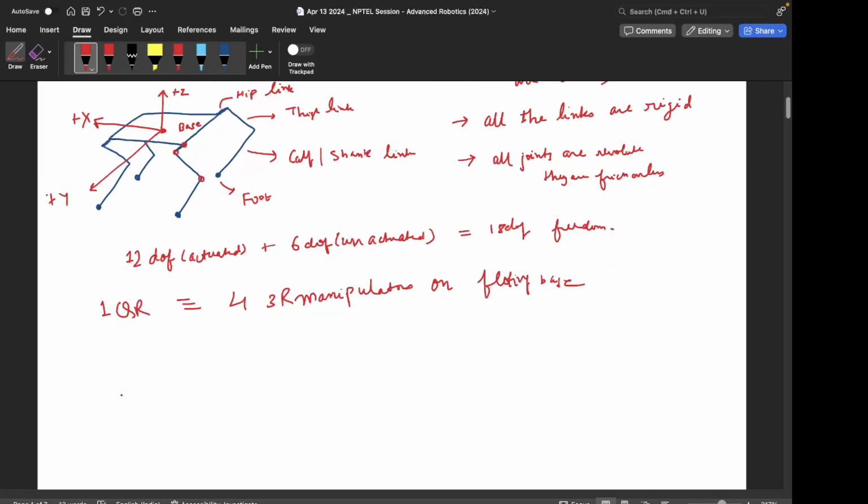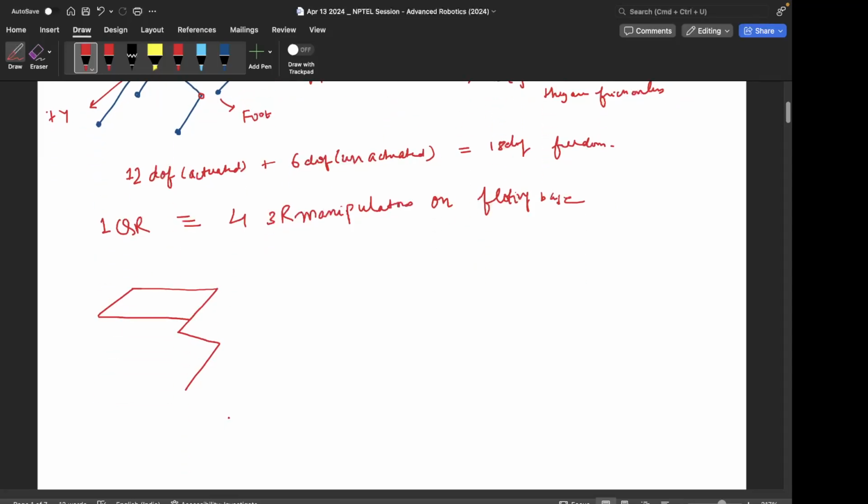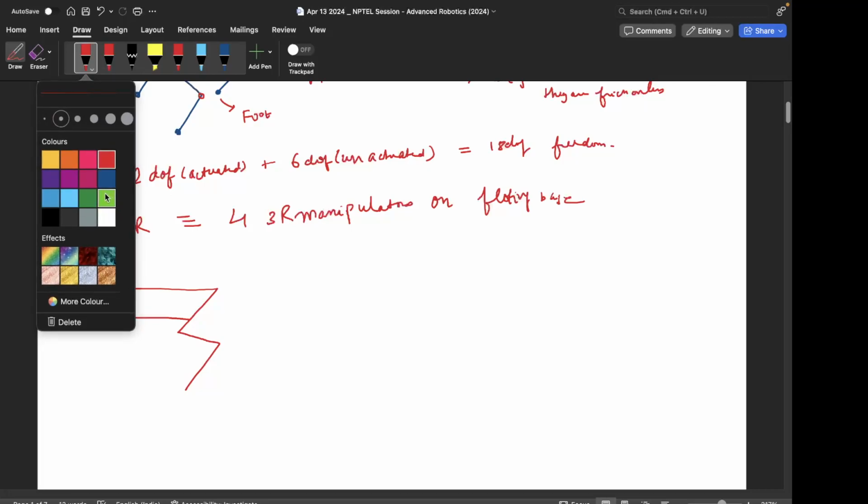Since we have quite a few rigid bodies here, we can assign certain frames which are generally useful in carrying out analysis. So I've drawn only one leg for clarity, right? We use a different color.